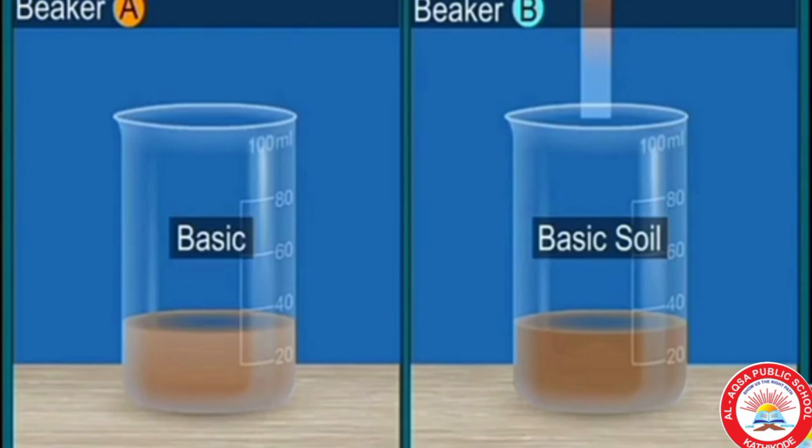That means organic matter is added to it. Organic matter releases acids which neutralize the basic nature of the soil. So before planting a tree, we have to know the level of acid and base in the soil.